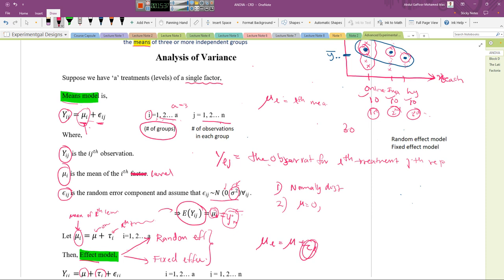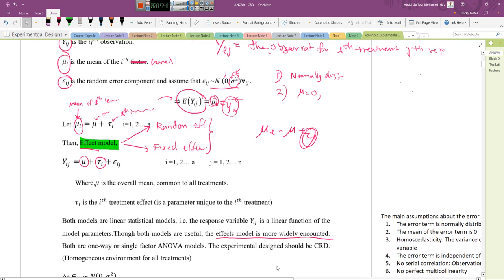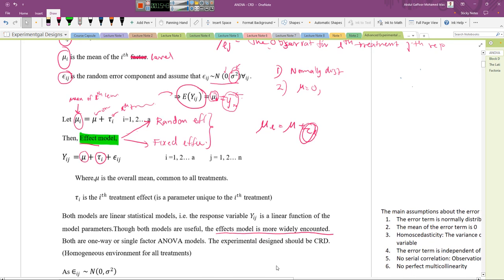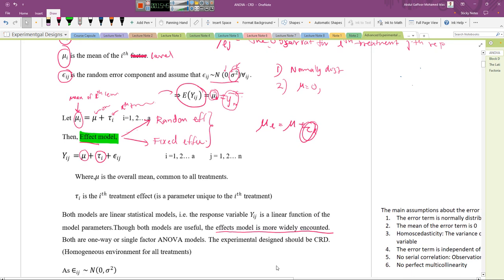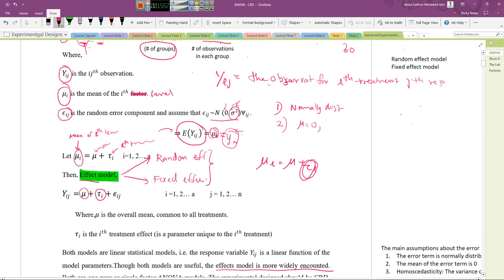So far we have discussed our mean model. Now we will come to our effect model.